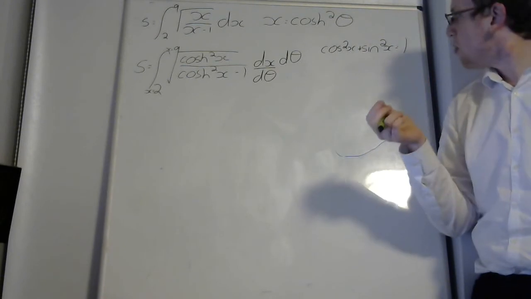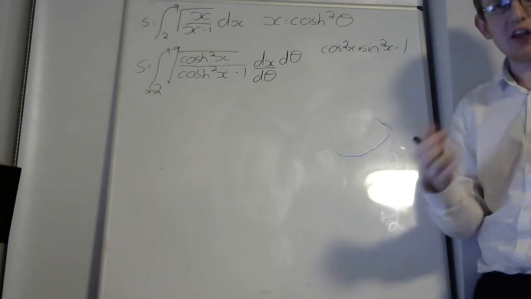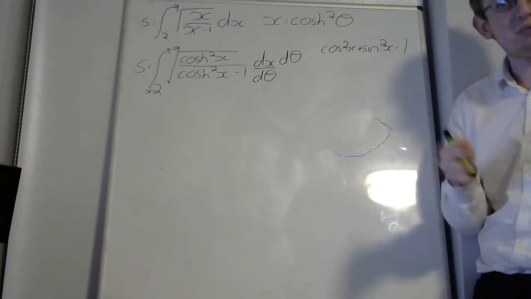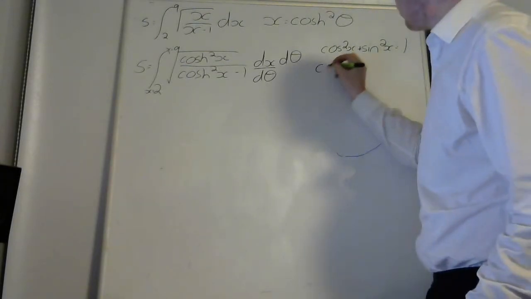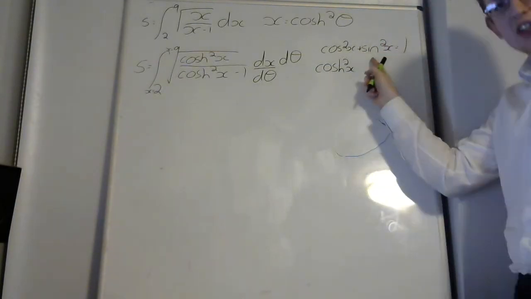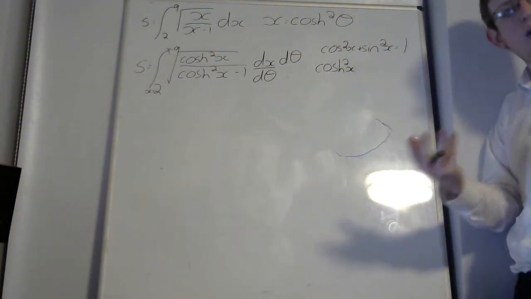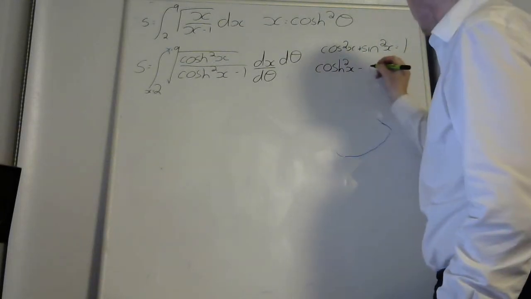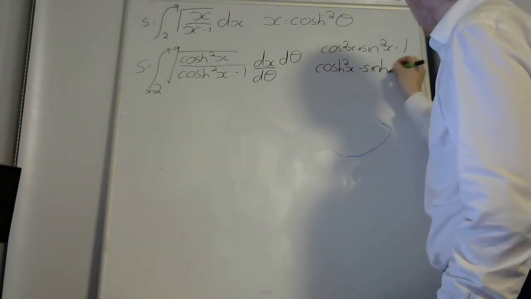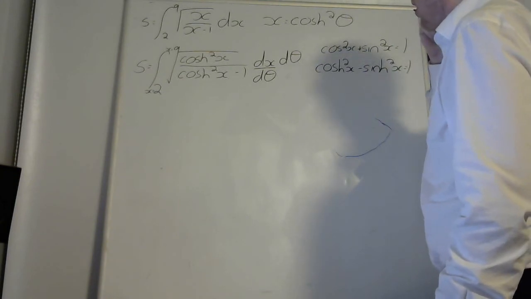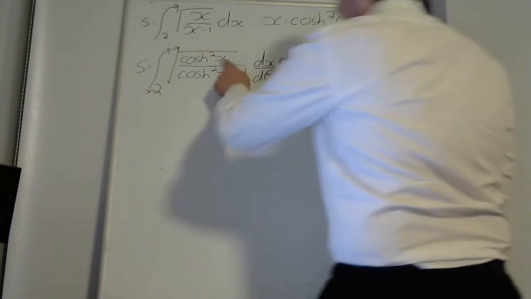Now, I know that when I change to hyperbolic functions, if I ever have a sine multiplied by sine, I need to make that negative. So if I make this hyperbolic with cos squared x, now because here I've got a sine multiplied by sine, it's sine squared, but it's not always going to be that. So that changes to minus sine squared x equals 1. Oh, these are all thetas, aren't they?